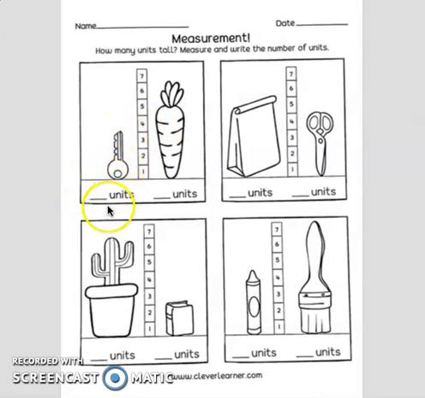So I would write the number 3 underneath of the key. Let's look at the carrot. 1, 2, 3, 4, 5, 6. 6 cubes tall. My carrot is 6 cubes tall, so I write it under the carrot. Then I want you to circle which object is taller.